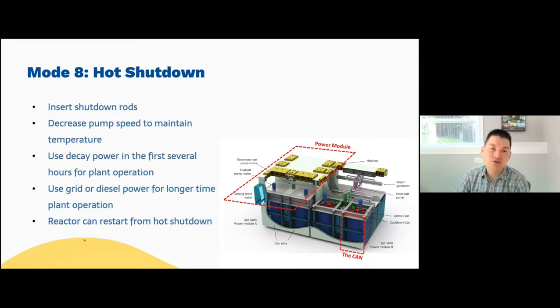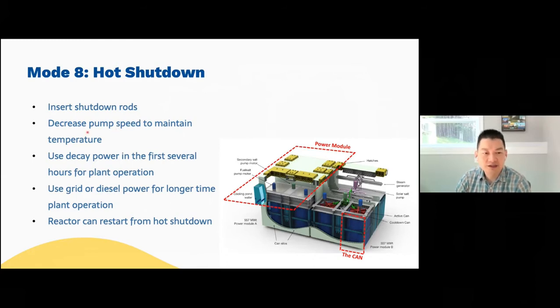But what if we don't want to run the power plant? If we want to shut it down, then we enter mode 8, which is hot shutdown mode. In this mode, we first insert shutdown rods, which will stop the chain reaction.